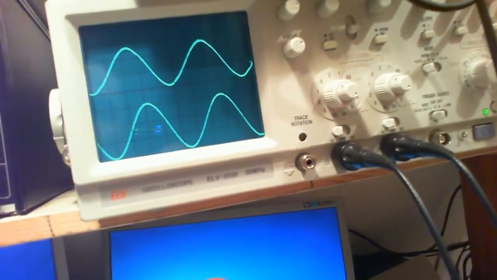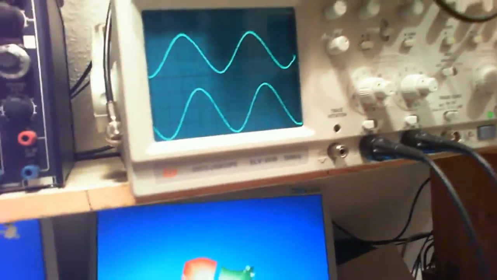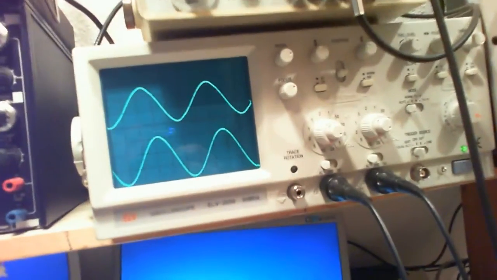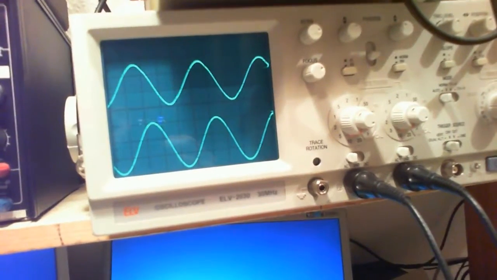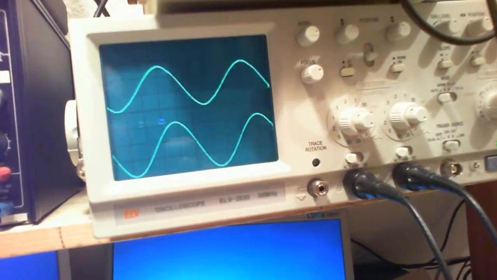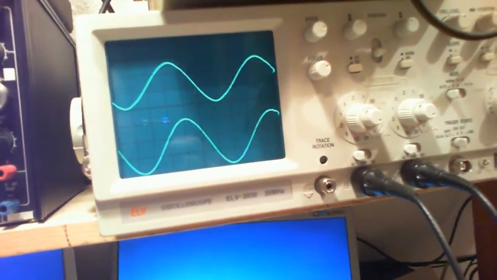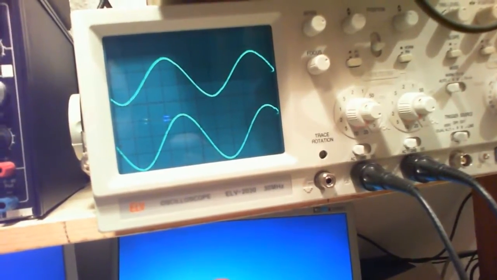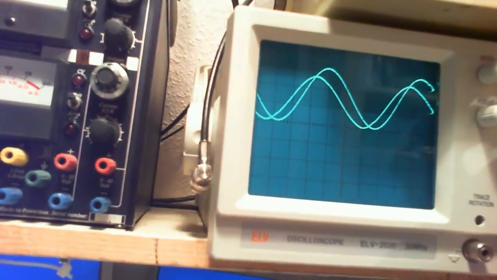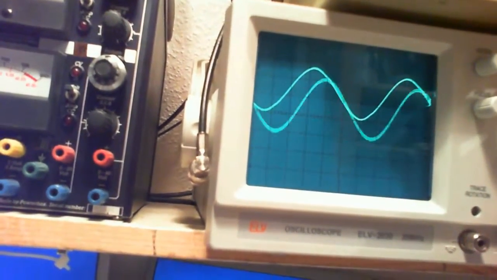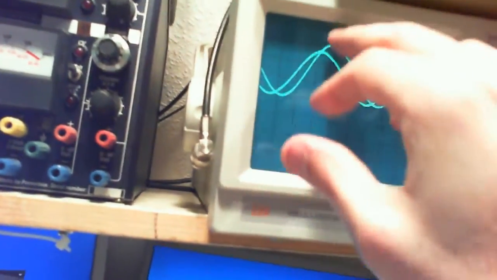Right now I'm at about 1 megahertz, and if I keep increasing, go to somewhere about 1.2 megahertz, the output starts going down. Right now you see the output is actually larger than the input.